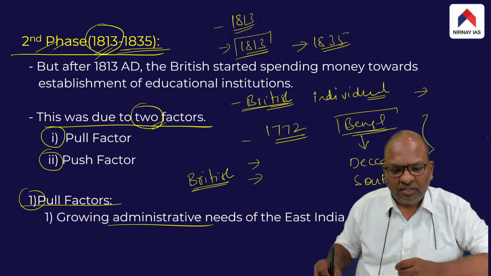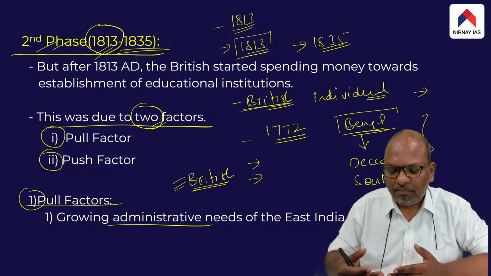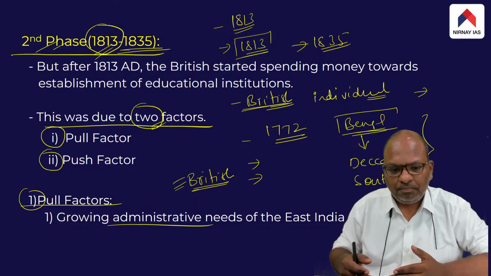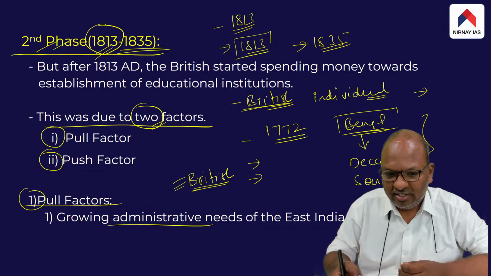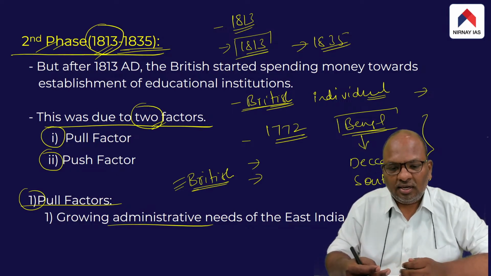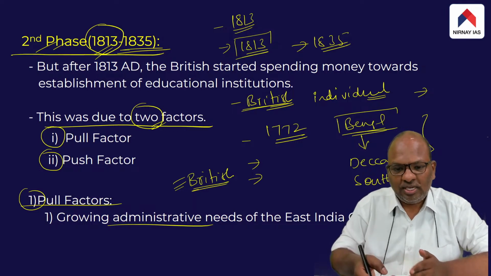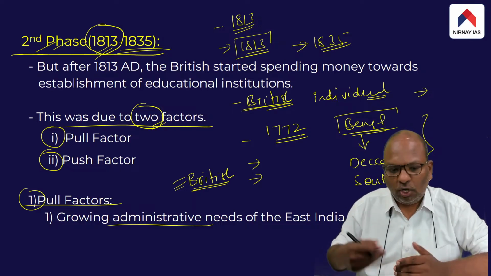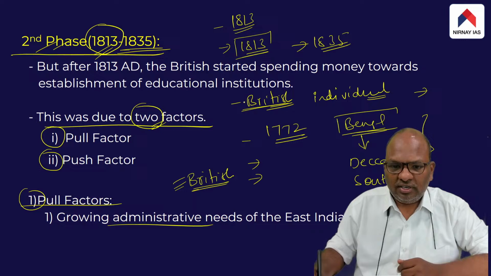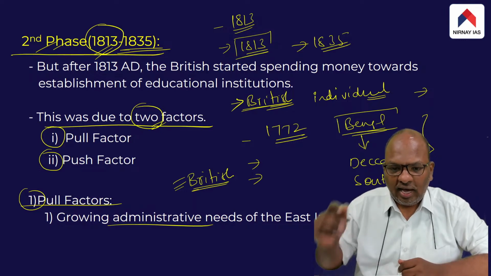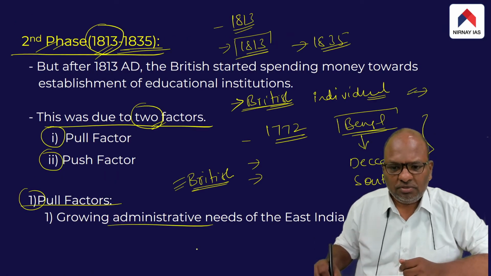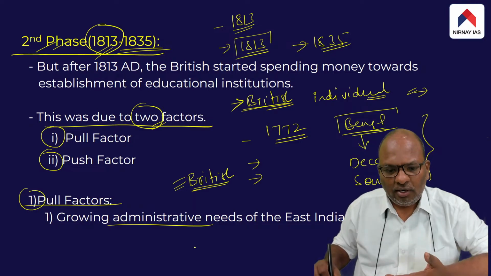The reason being, the British thought they could make use of the services of the Indians for the entry level jobs, because the British paid very low salaries to the Indians, while if they appointed a Britisher to the same clerical level job, they were required to pay a very high salary. So the British reserved the higher administrative positions for the British, whereas the entry level jobs were open to the Indians.